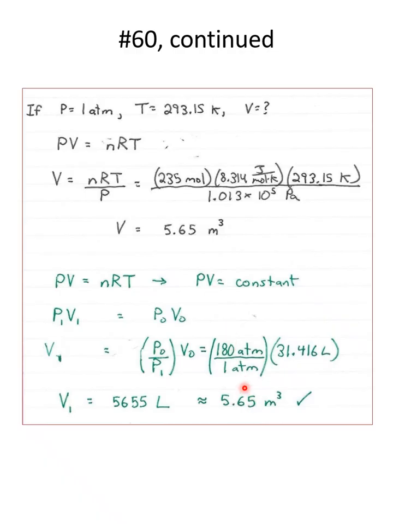Whatever units you use will divide out, so it's just a 180 to 1 ratio, times the original volume. And the question didn't specify what type of units, liters, cubic meters, cubic centimeters. I just left it in liters, so 31.416 liters, and you get 5655 liters, which is also 5.65 cubic meters, which is the result that I got up here.